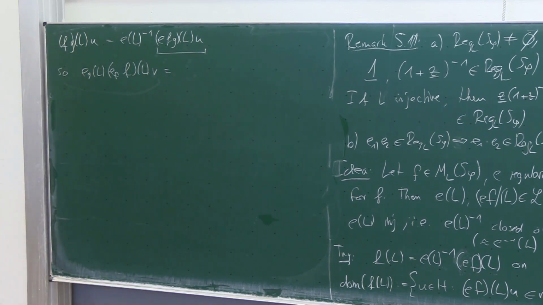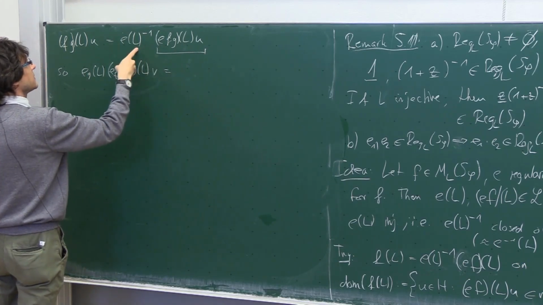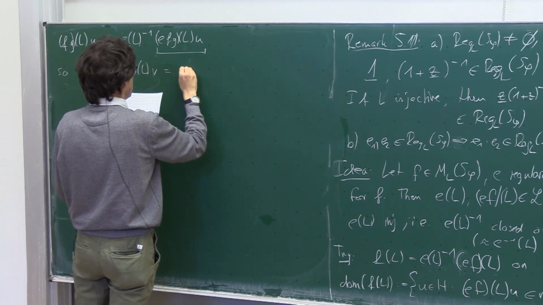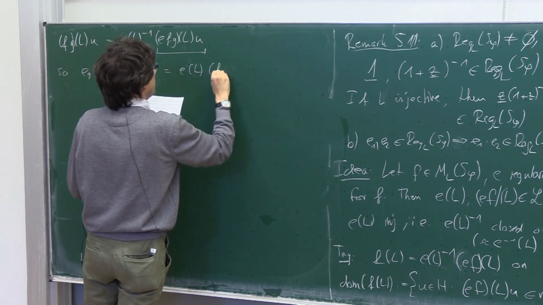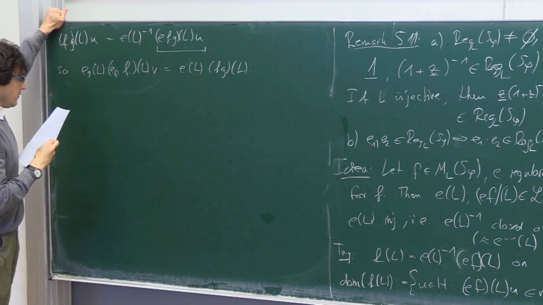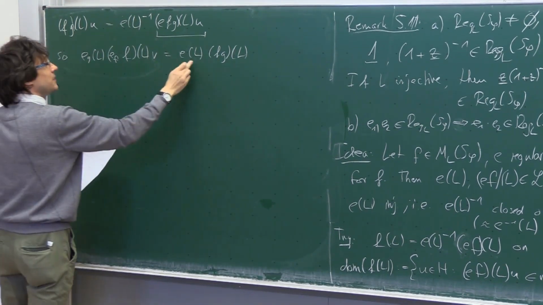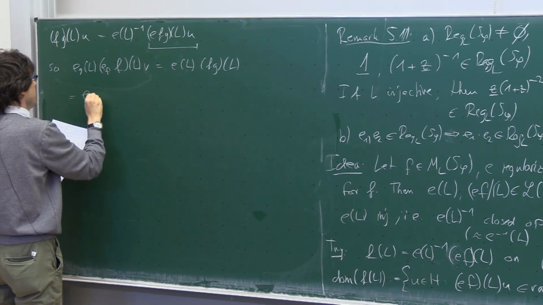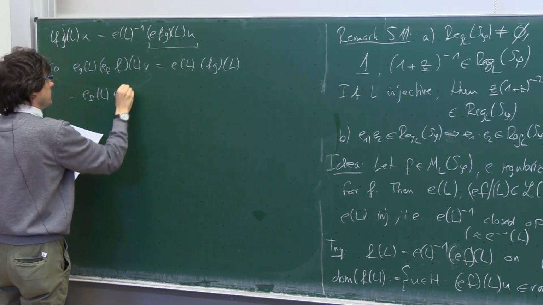That was the result that we had on what we just had. So put this to the other side. This is E of L, FG of L. Or split again E into EF and EG. This is EF of L, EG of L.